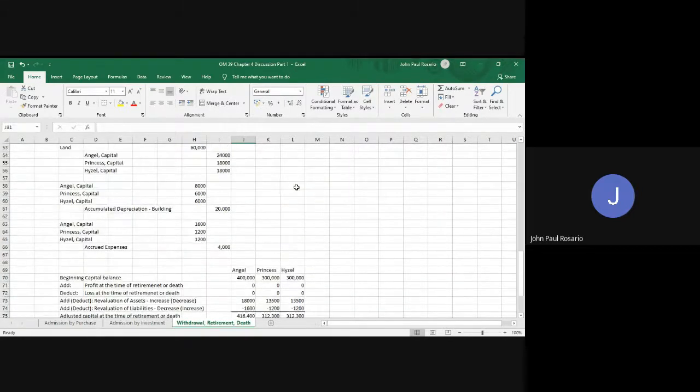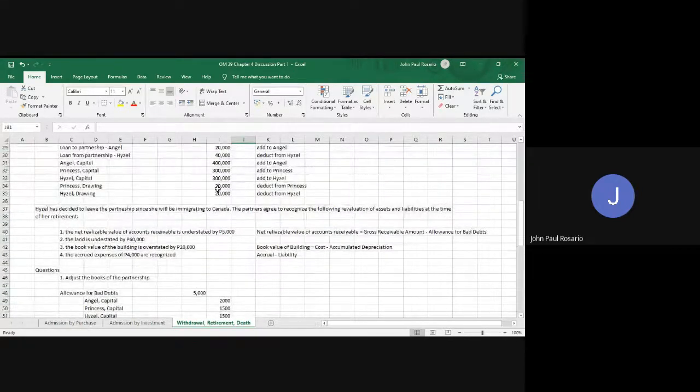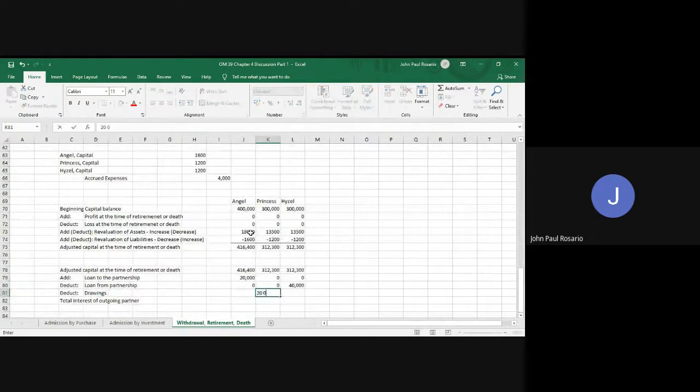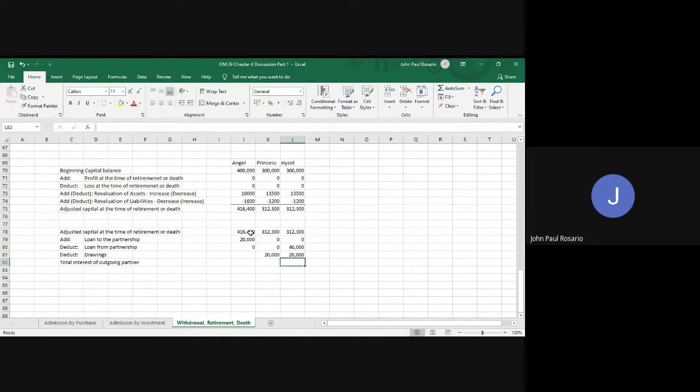Then for the drawings, we only have 2. Princess and Hazel, 20,000 each. So, 20,000. The total interest of the outgoing partner: the outgoing partner is Hazel.